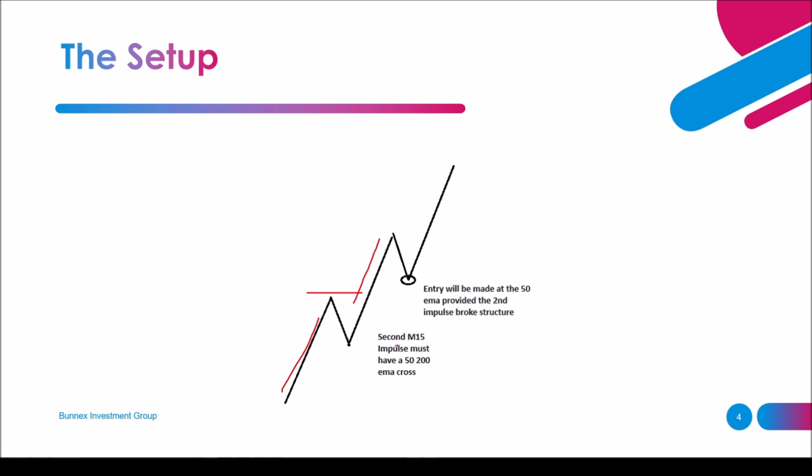So the second M15 impulse must have a 250 EMA cross. When we have these two, we should see a 50-200 EMA cross. Then our entry will be made at the 50 EMA, provided the second impulse broke structure.